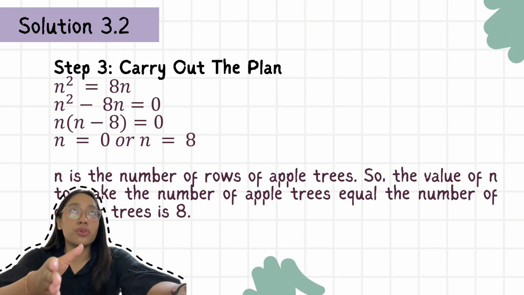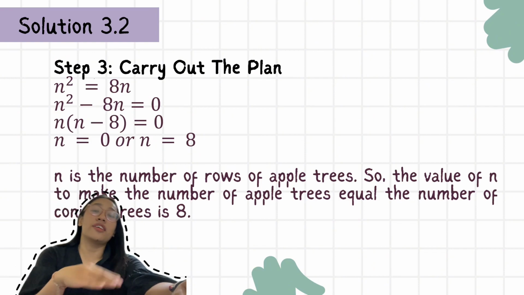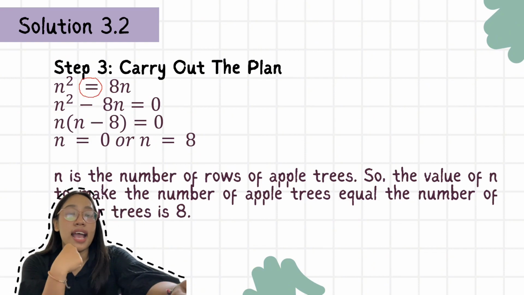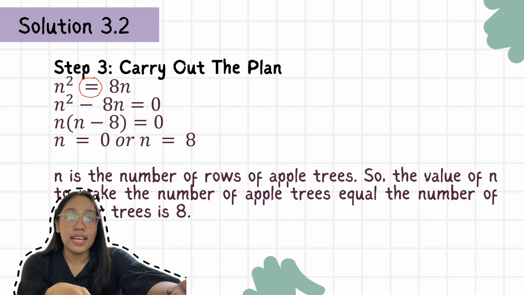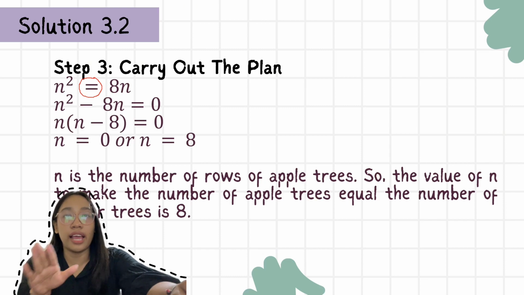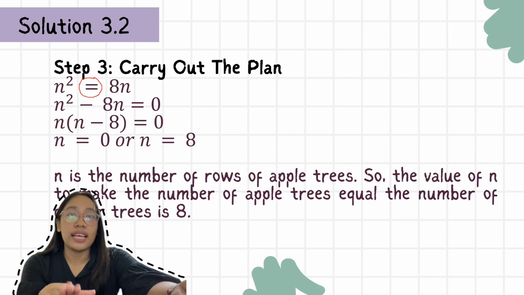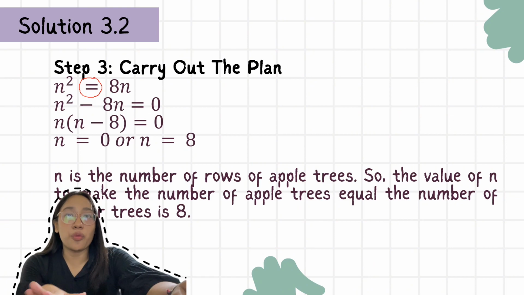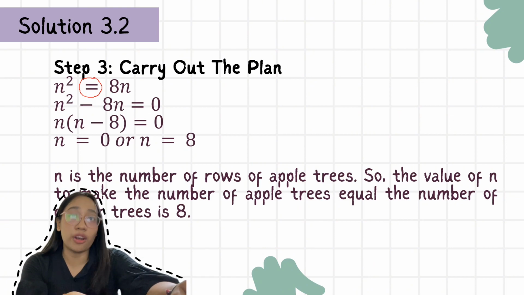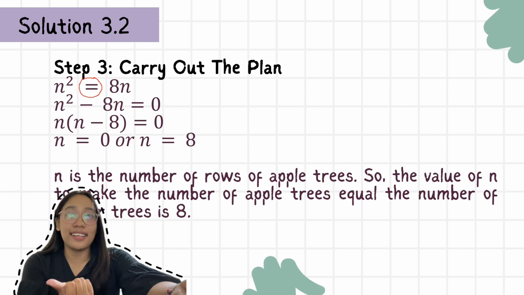We must make an equation between the formula of apple trees and conifer trees. So the equation is n squared is equal to 8n, and then we must subtract 8n from the two sides, the right side and the left side. So we get n squared minus 8n is equal to 0, and then we factorize them.